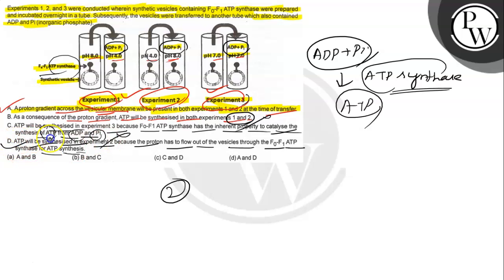So this is correct here, because the F0, F1 ATP synthase forms the ATP, and there will be a difference in the pH level. So option D is correct, that is A and D are the correct answers in this question.